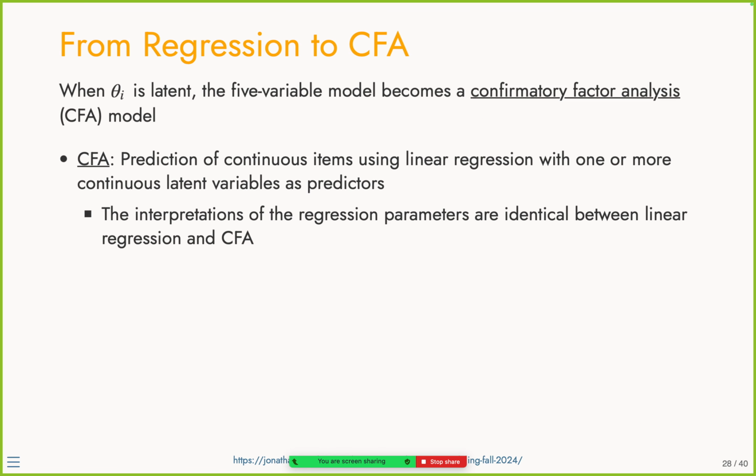Moving on. All right, so let's go from regression to confirmatory factor analysis. When theta is not observed, if it's latent, that 5-variable model becomes a confirmatory factor analysis model. A CFA model is defined as the prediction of continuous items using linear regression with one or more continuous latent variables as predictors.